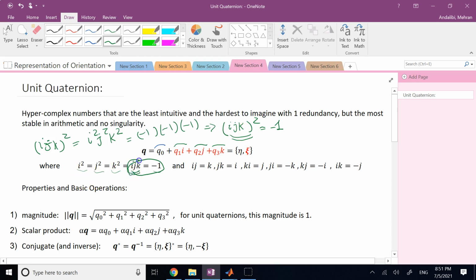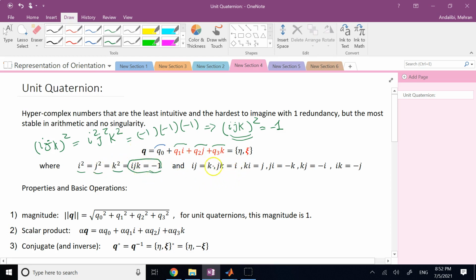Again, I'm emphasizing that the way these ijk are defined, they are defined such that the product of the three is also -1. And this does not come from the other square terms being -1, because you clearly see it contradicts that. So this is an extra condition that you apply to i, j, and k, for the square terms and for when everything is multiplied together.